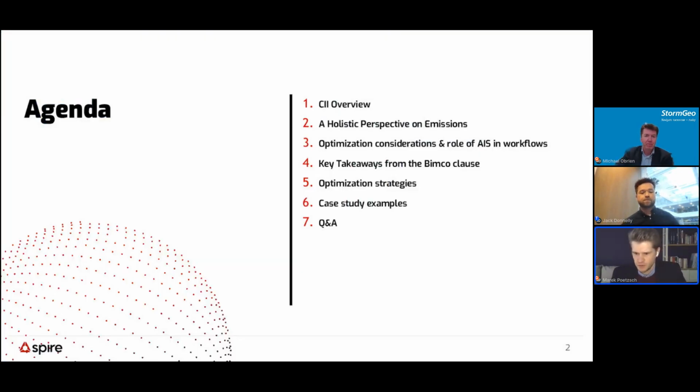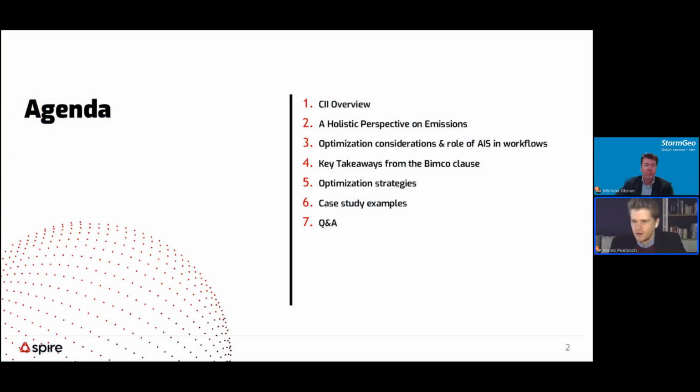So to give you a brief overview of what we're going through today, just a quick look at the agenda. I will be starting off with an introduction into CII and provide a general overview explaining what CII is, how it's calculated and how it works, and explain some of the implications and challenges associated with CII, and look at emissions maybe beyond CII itself.